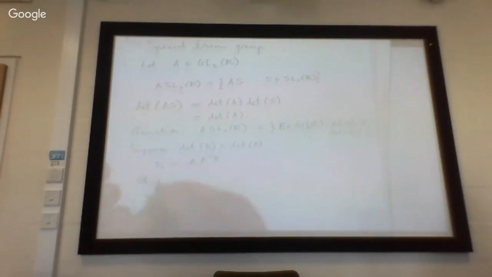The determinant of A inverse B, the determinant is multiplicative. The determinant of A inverse, what's that? It's like an extension of the multiplicative property.